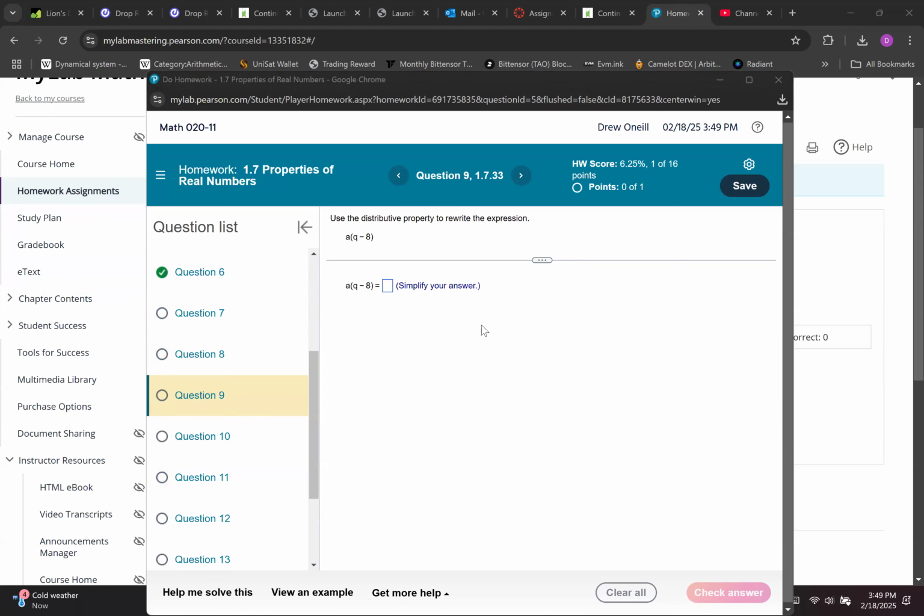So we have an A out here and a Q minus 8 inside. There's nothing we can do inside, even though PEMDAS says do what's inside parentheses. The distributive property is really just reverse factoring. It's asking, if we factored an A out, what did we have? So think of it this way.